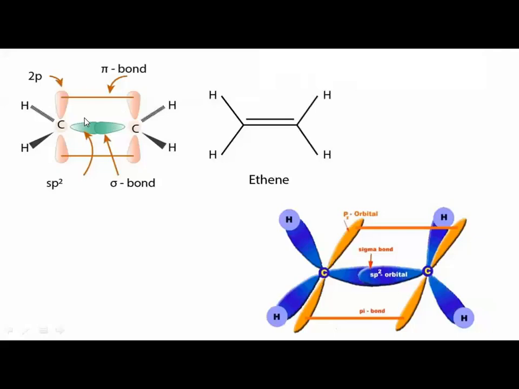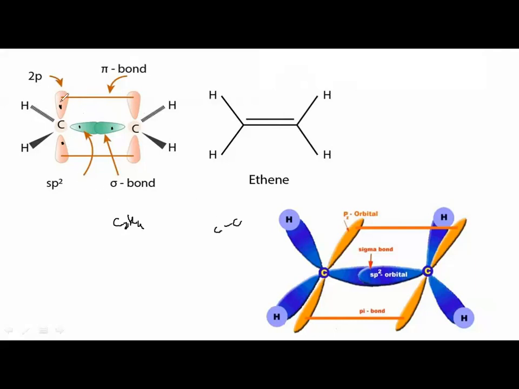Next, the ethene molecule. See, for each carbon there are 3 sp2 hybrid orbitals. Can you see here? This is one, this is another, and this is another. This is ethene, C2H4. So the sp2 hybrid orbital of one carbon overlaps with the sp2 hybrid orbital of another carbon to form a carbon-carbon sigma bond.